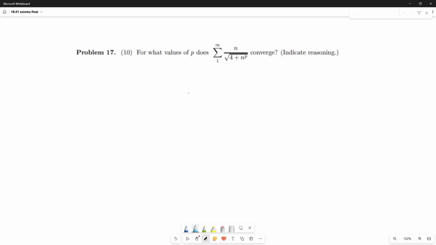Let us try to answer the question for what values of p this series converges. Let's write down the general term of the series.